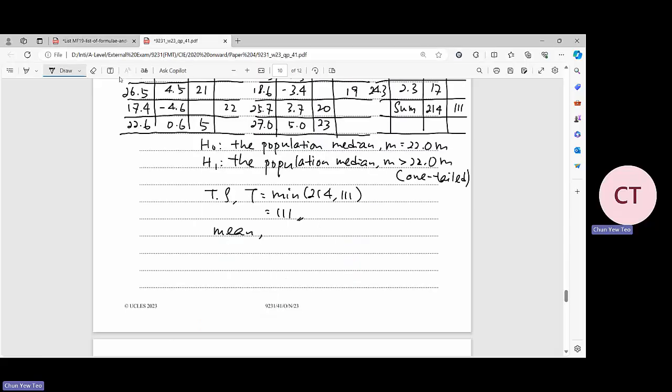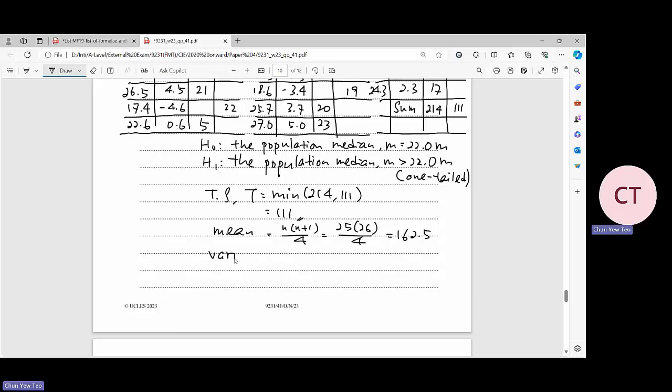So the mean will be equal to, just apply the formula, n(n+1)/4. So it will be 25 multiplied by 26 over 4, and you get 162.5.